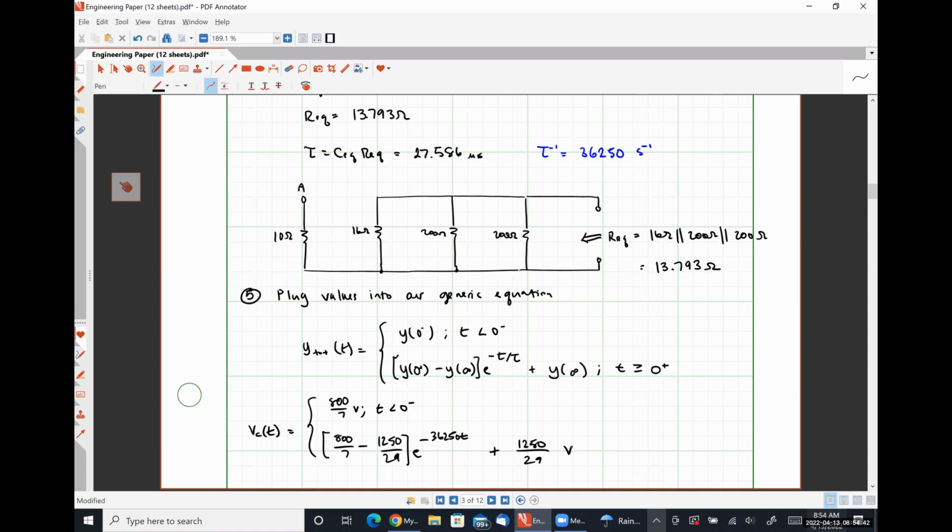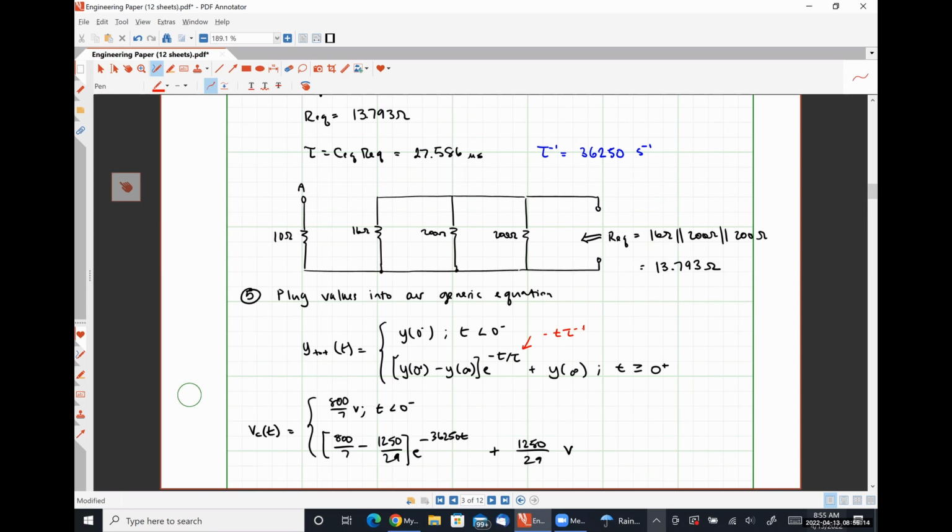Yes, sir. 36,250, that's literally the reciprocal of tau. So it's tau to the -1 power. And the reason why I get that is because I know right here, let me put a circle around it, this bit right here is just -t times tau to the -1 power.